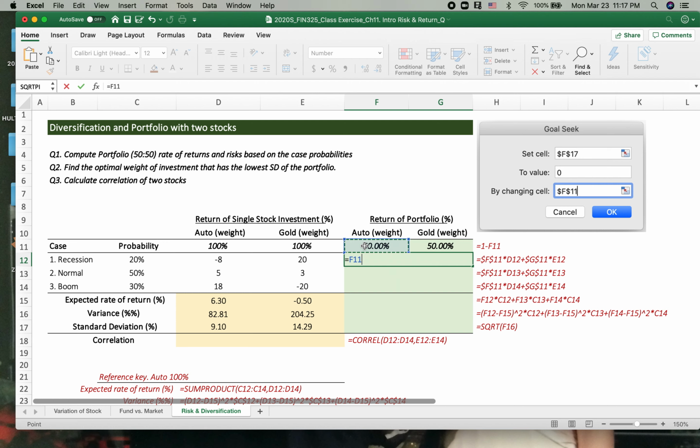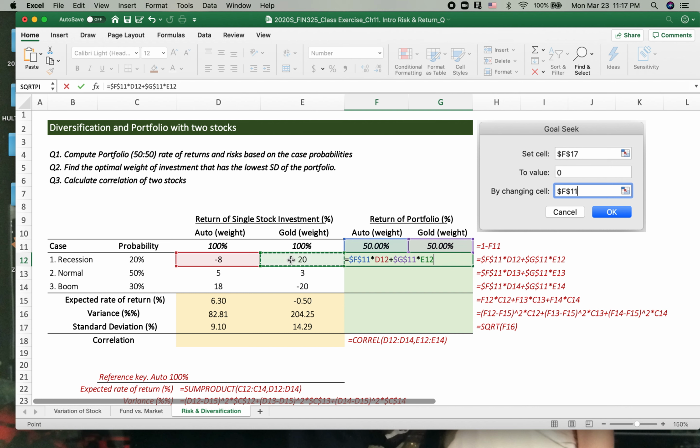I want to fix this 50% weight times the auto stock under the recession, minus 8%, plus the 50%, with fixing, times the gold stock 20%.